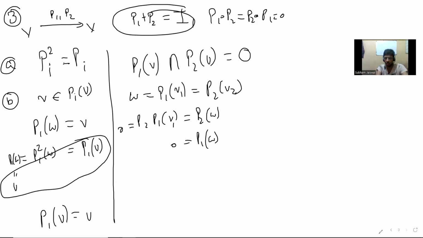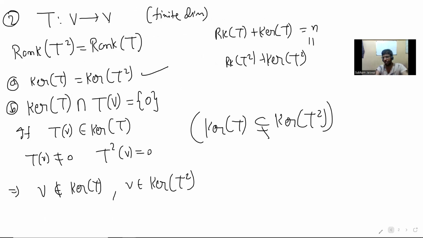So you see both these questions, if you go back to this question and look at this question, these two are really very similar. Maps which are projections, anything which is an idempotent, in the sense that pi square is equal to pi, p square is equal to p, whatever notation you use.